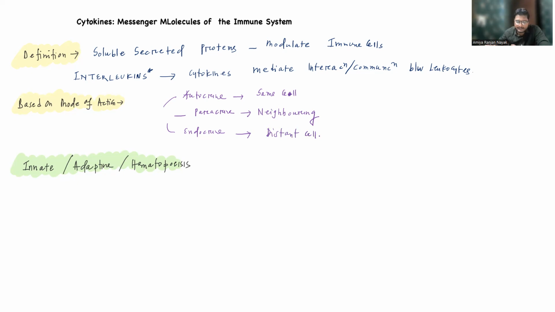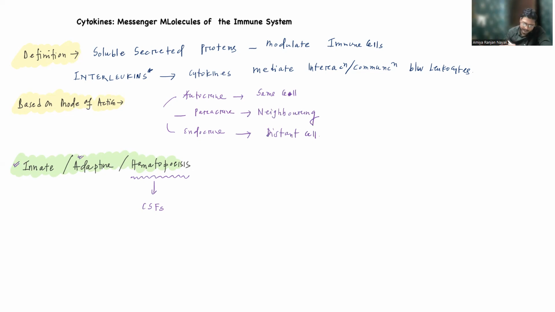Okay, cytokines take part in innate immune response, they take part in adaptive immune response, and they also take part in the process of hematopoiesis, as we have discussed, various colony stimulating factors like GCSF, GMCSF. Those are also cytokines. They help in the process of hematopoiesis.